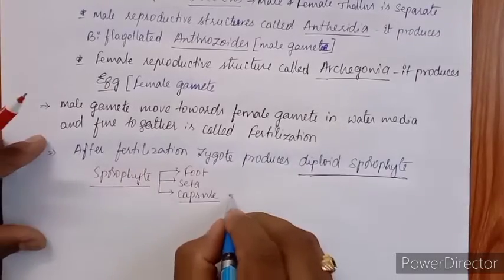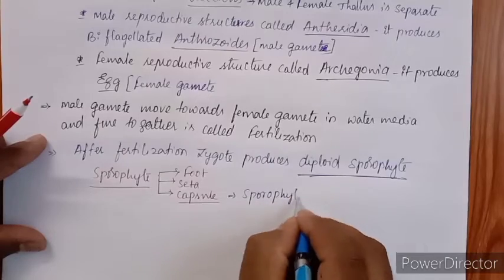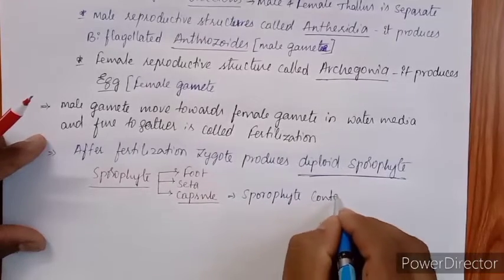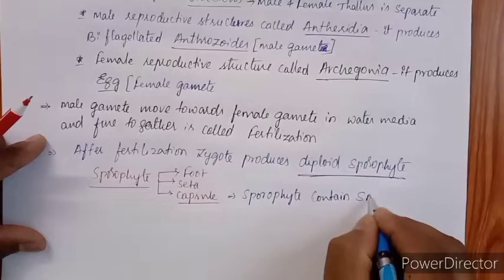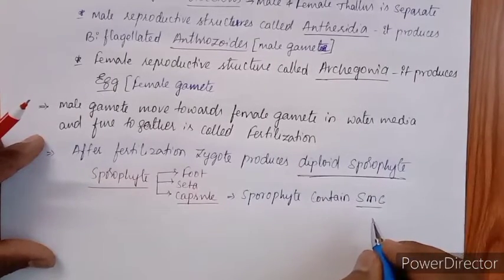Now see, the sporophyte contains spore mother cells, SMC. I mentioned this previously in the salient features.